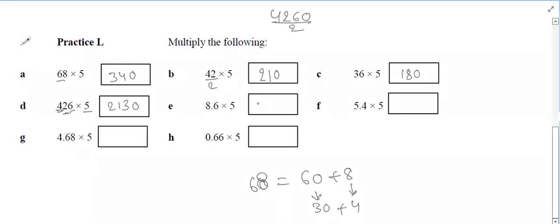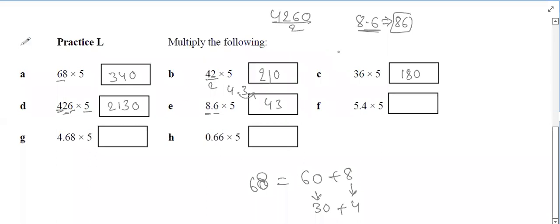And 6 half is 3. So actually, half of 8.6 is 4.3, right? Yes, sir. Now shift one position to the right, 43. Or otherwise, first you can multiply 8.6 by 10 to get 86, and then you can do half. That is also okay.